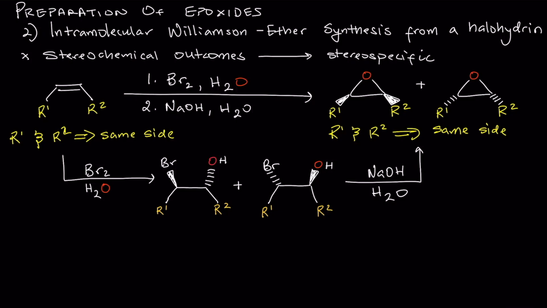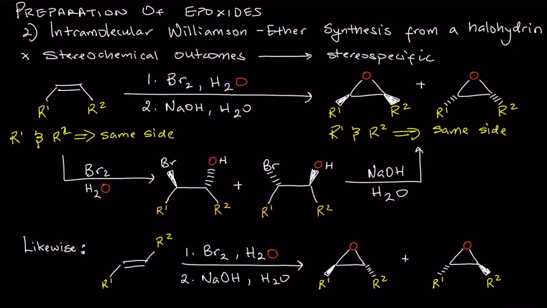And so no rotation of the molecule is needed in order to then do your effective SN2, which is a backside attack, to form your epoxide. And so your stereochemistry gets retained from the alkene all the way to the epoxide. And of course, likewise, if you had a trans alkene, you would end up with your trans epoxide as your major product in your intramolecular Williamson ether synthesis strategy to form these epoxides.